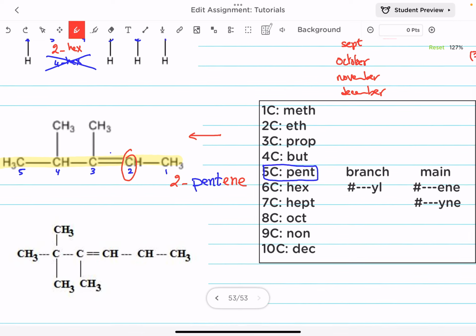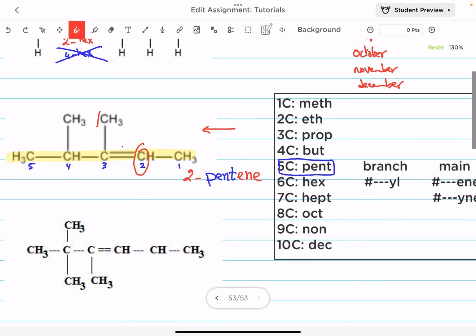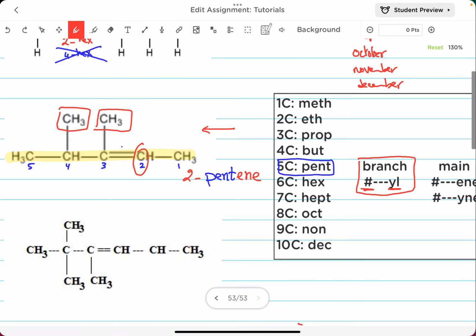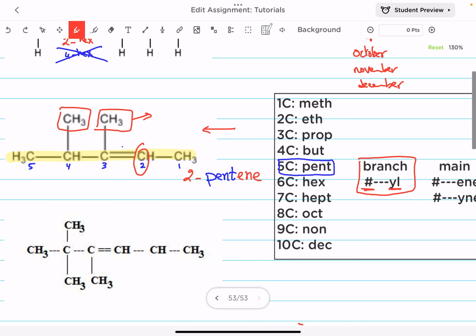Now, in this chain, I have 2 branches. Remember, I told you the branch will end with YL, and there's always a number for every single branch to locate it. So this branch has one carbon, and one carbon is meth.